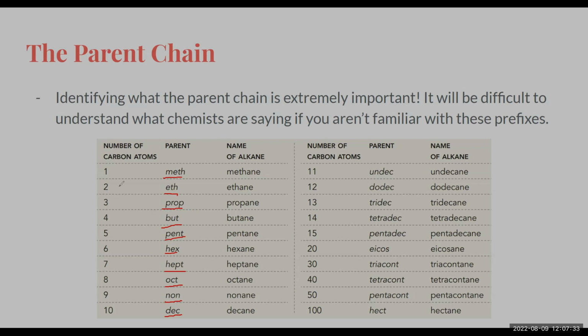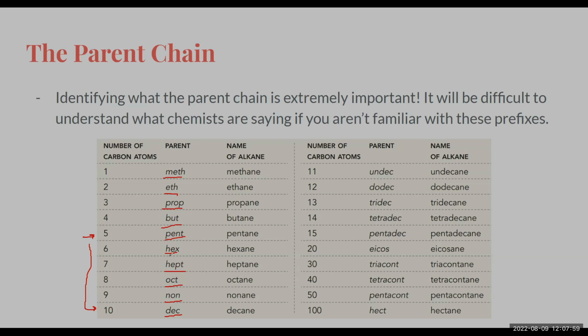So as you can see here, from around 5 to 10, or maybe even 12, the naming system is pretty similar to how you would name something like tetroxide or tetrafluoride, or pentafluoride, or hexafluoride.